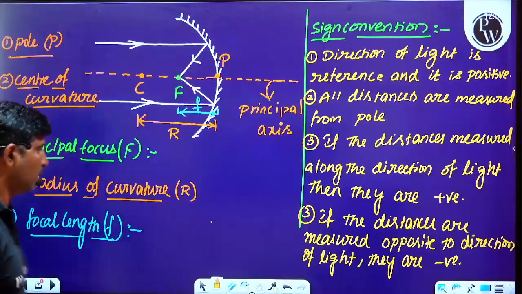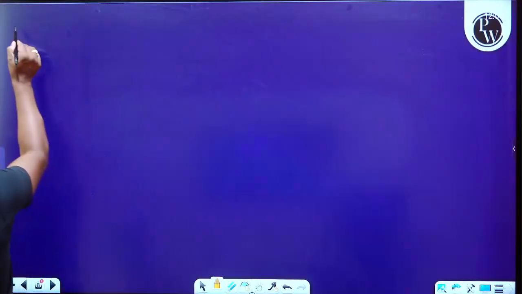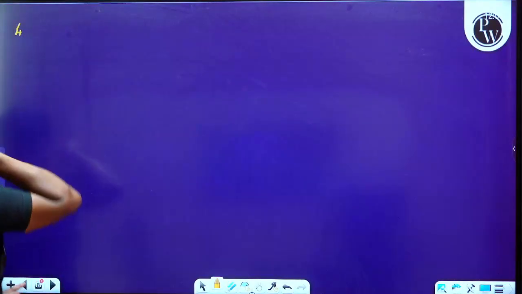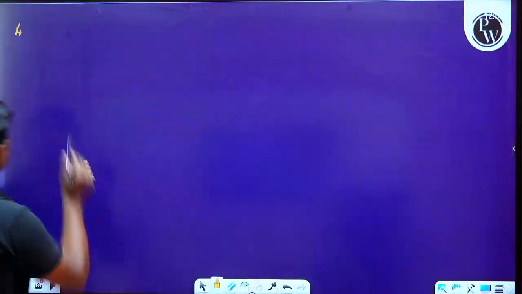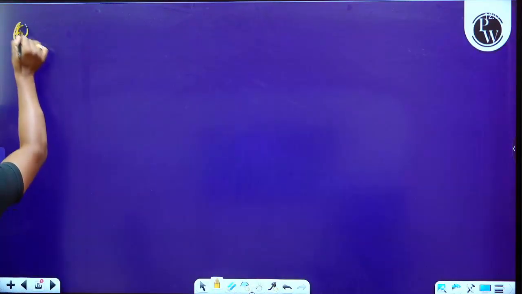Is it clear? This is the fifth sign convention, and we have to keep this point in mind.